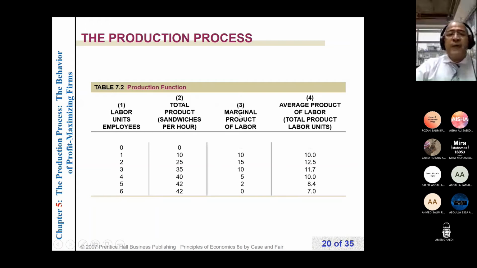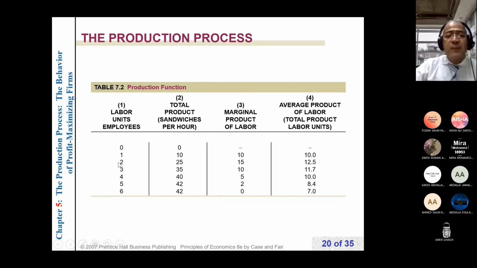We have two terms. Marginal product of labor. What is marginal product of labor? It is the change or increase in total product due to an increase in labor by 1 unit. So for example, how do I calculate 15?